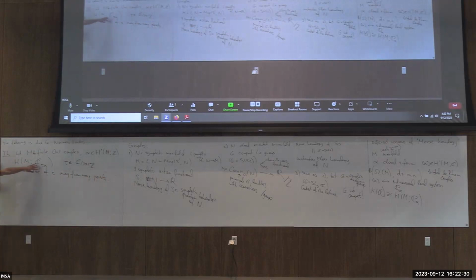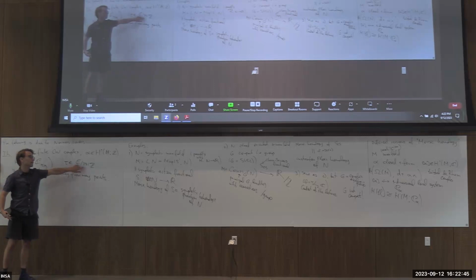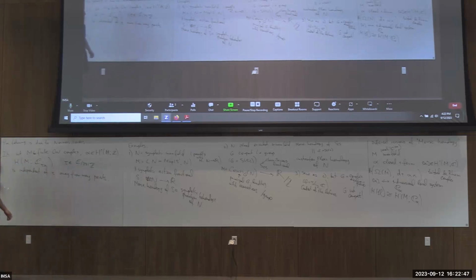So even though this homology seems to depend on tau in a very explicit way, the claim is that there are some specific points where something interesting happens with this homology, but away from those values of tau, this homology is actually independent.